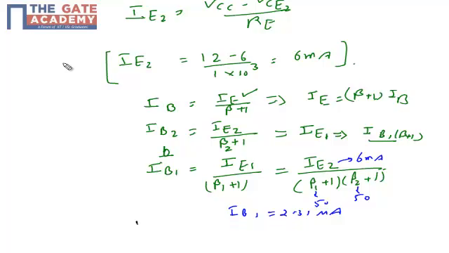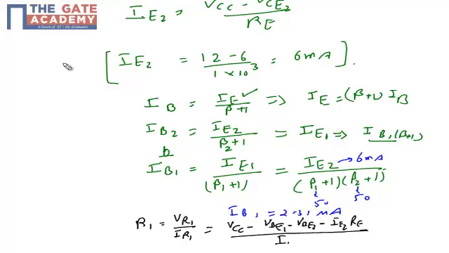So I can easily find the value of R1 as VR1 by IR1. Here VR1 is VCC minus VBE1, which is 0.7, minus VBE2, which is again 0.7, minus IE2 RE, which is 6 volt, upon IR1, which we have just calculated, 2.31 microampere.